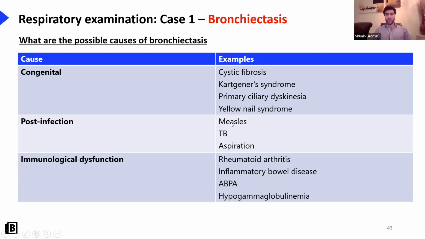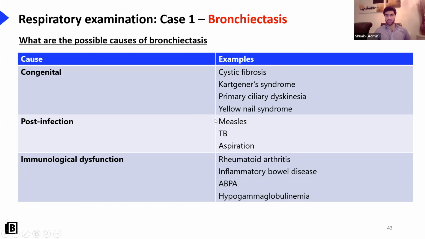Post-infection, so measles, TB, and aspiration pneumonia are the most common causes. These cause that chronic inflammatory change which results in the airway dilation and the mucus collection. And then you have immunological dysfunction, rheumatoid arthritis, inflammatory bowel disease, and a few other bits and pieces. But as I said, just learn 2 in each category, and that's more than enough.